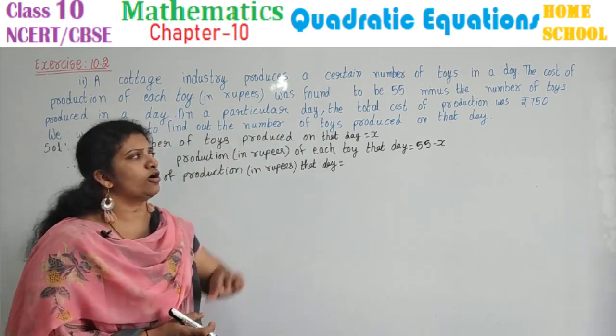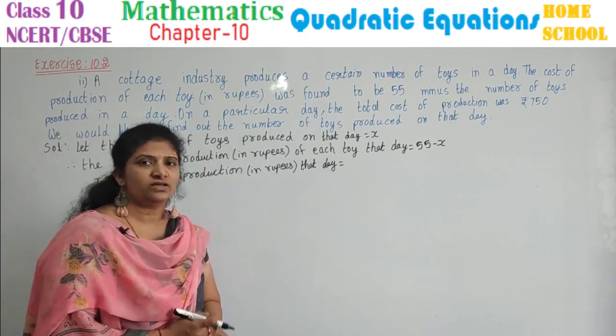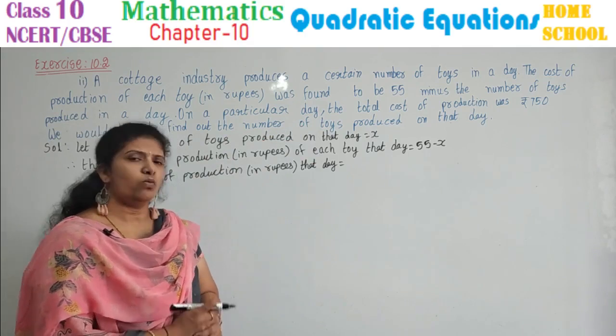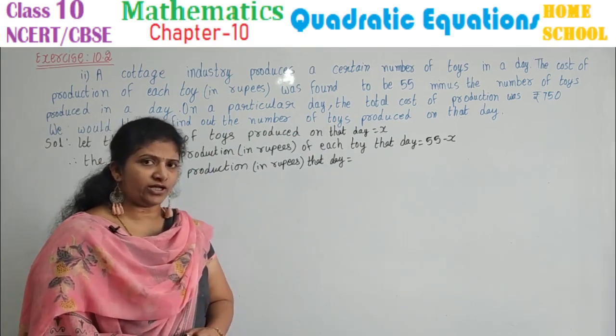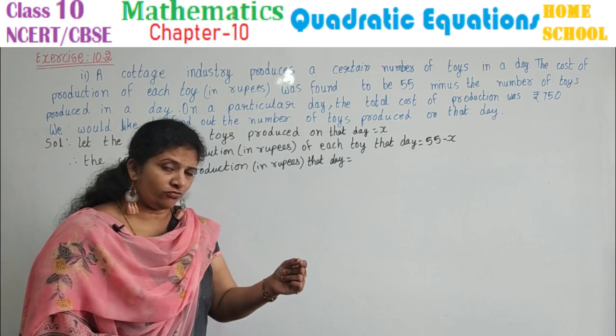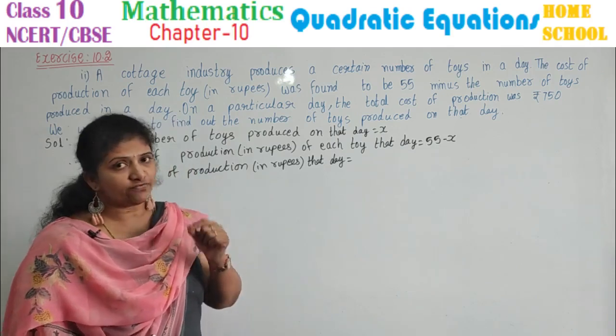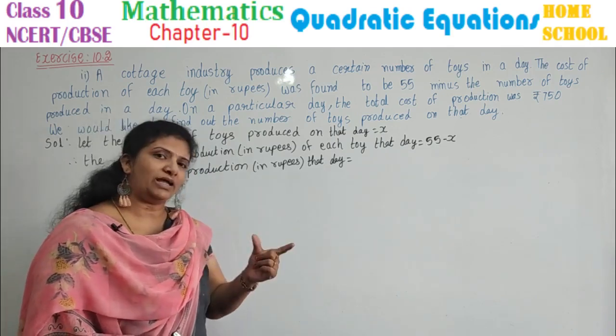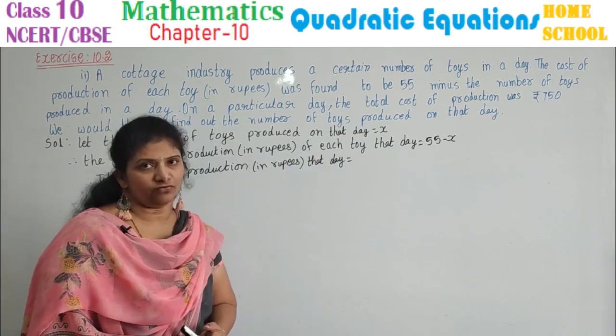And one more thing. The total cost of production was rupees 750. What does this total cost of production mean? If we know the number of toys and the cost of each toy, and multiply both, we get 750.